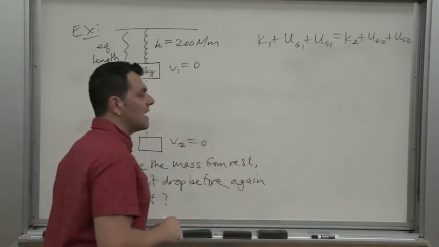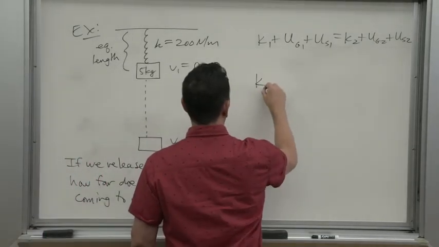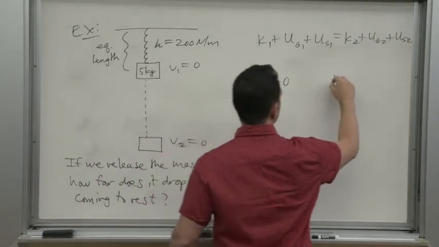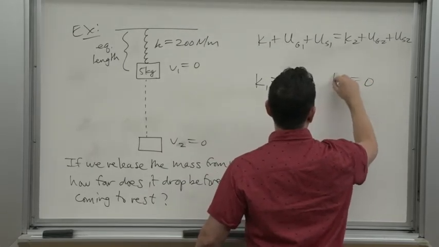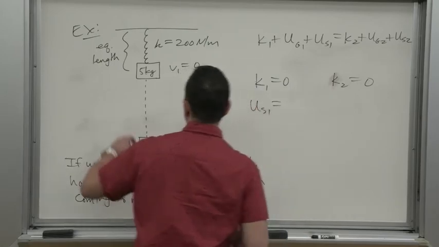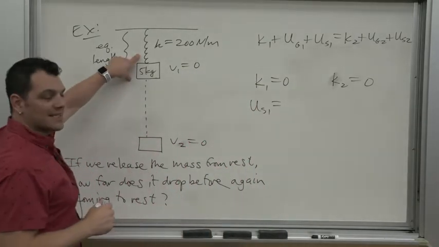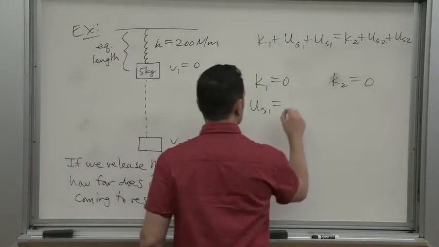So K1 and K2 are both equal to 0. What is US1 equal to? Well, if the mass starts out at equilibrium length, US1 is going to be 0.